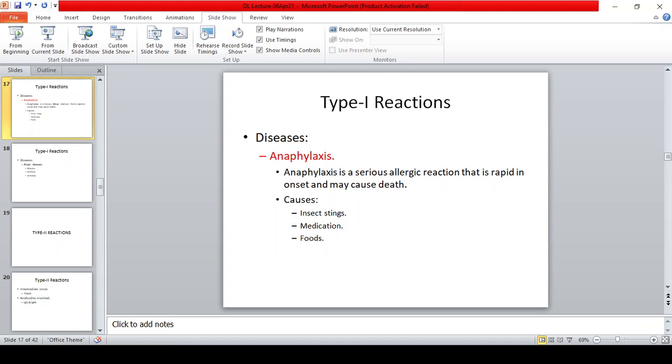The causes of anaphylaxis include insect stings, drug reactions, and foods. The person may be allergic to a certain type of food like the peanut butter or maybe any other food.